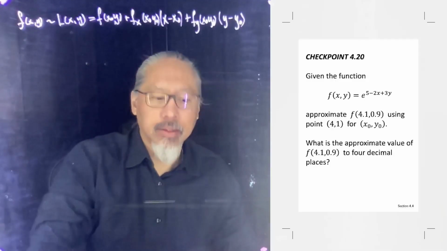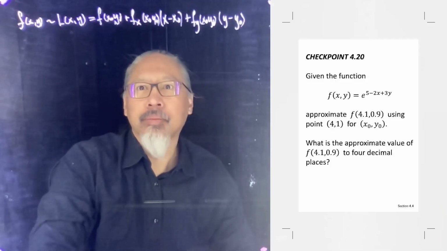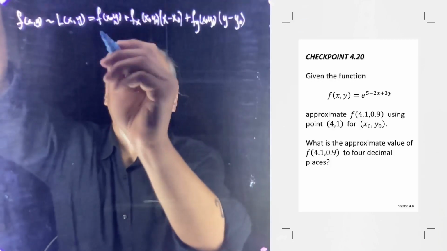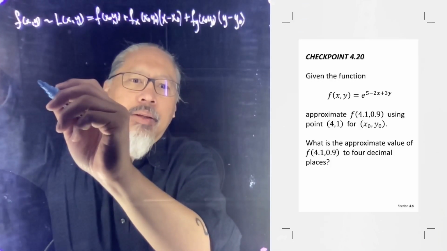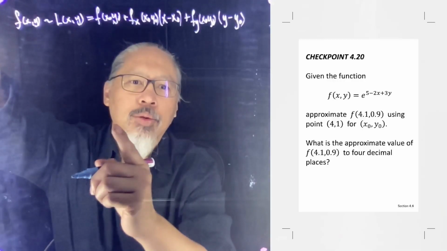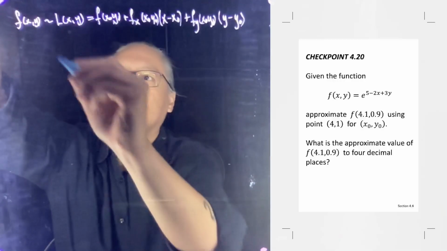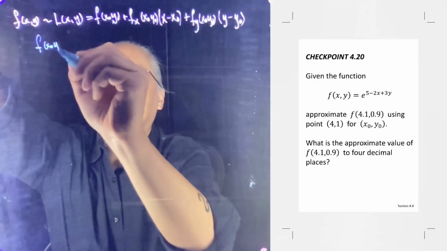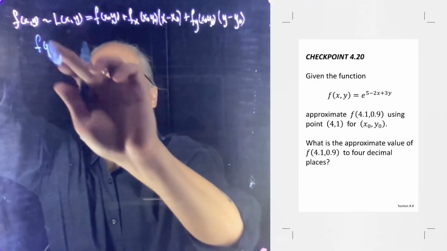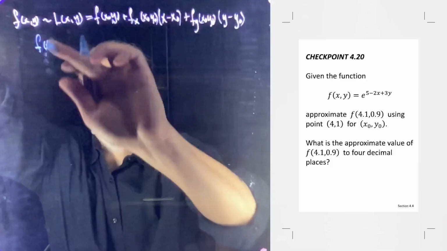So let us find these values that we're looking for, and we have x naught is 4 and y naught is 1. So let's first find f of x naught, y naught, or let's just put 4, 1 here since that's what we're looking for.